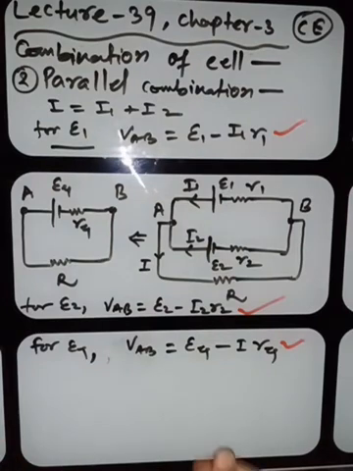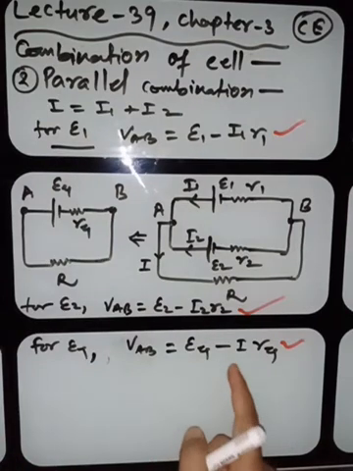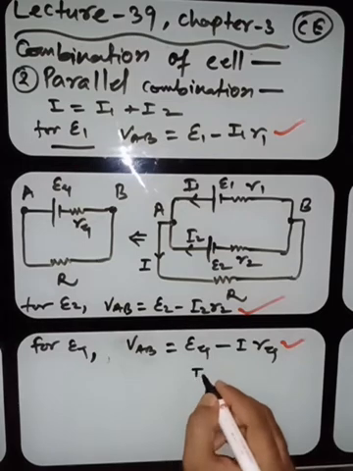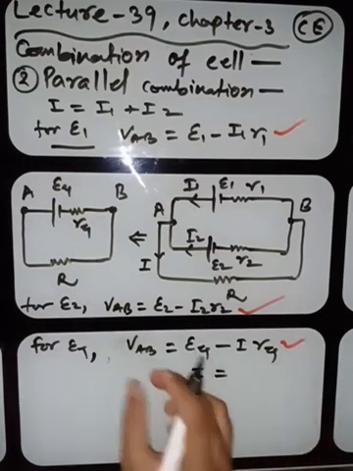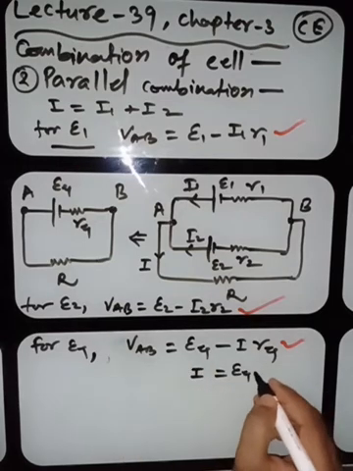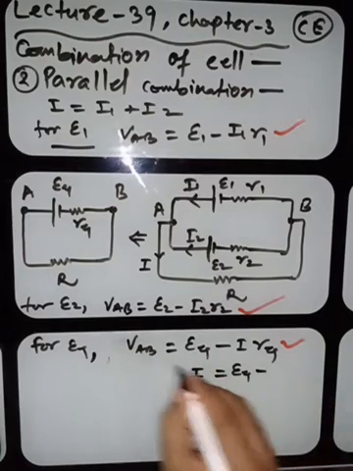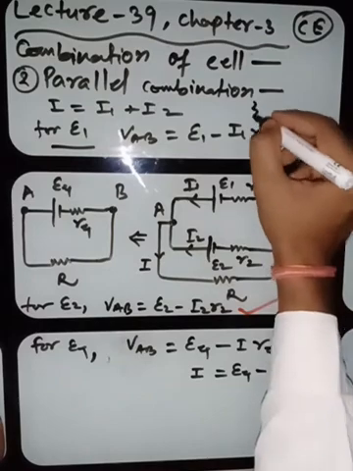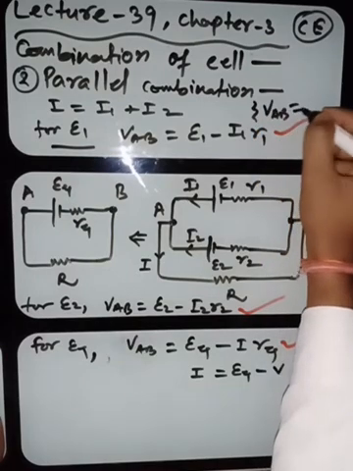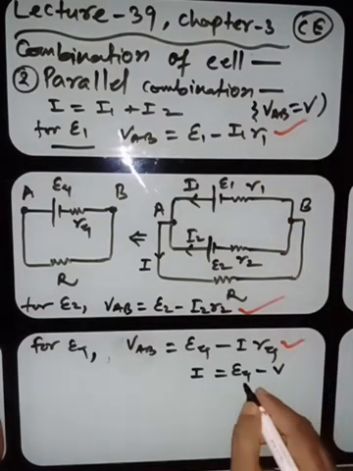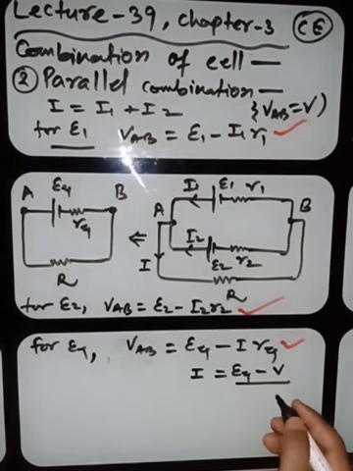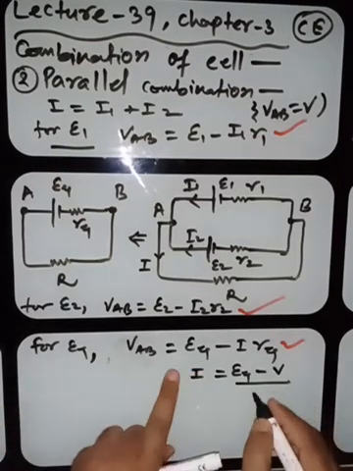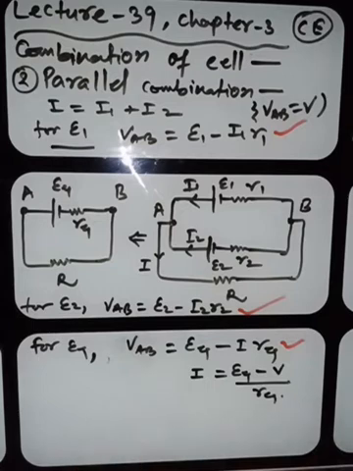So from here, I will be E equivalent minus VAB, say we write VAB as V, divided by R equivalent.